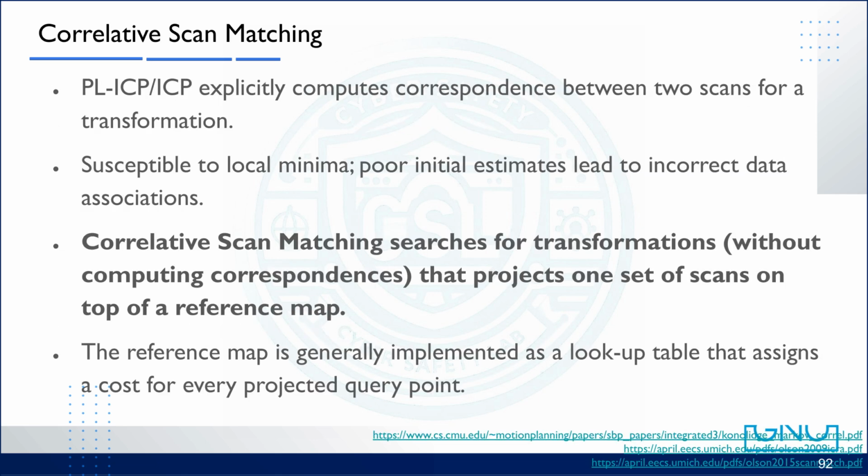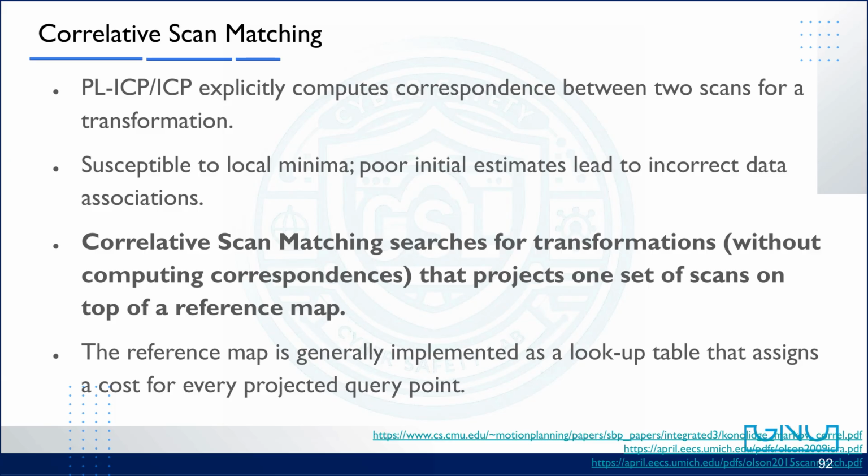Let's begin by introducing the idea of correlative scan matching. Traditional scan matching methods, like ICP, or iterative closest point, rely on finding exact correspondences between points in two different scans. They minimize the distance between matched pairs to estimate the transformation.